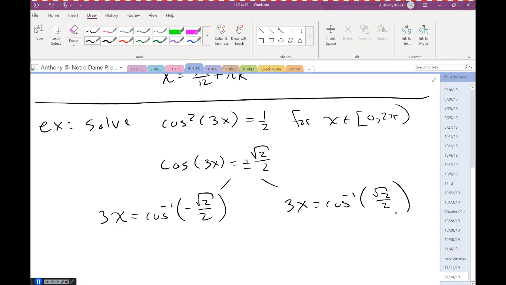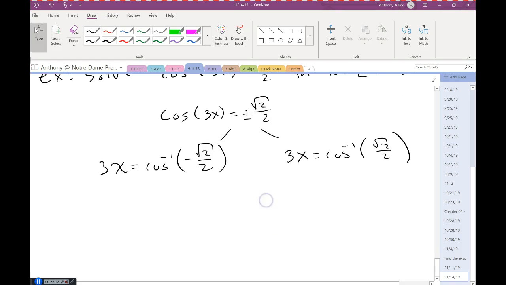Are we so far so good? Okay. I'm going to go to the unit circle now and retrieve the places where cosine has the value of negative root 2 over 2. That happens specifically at 3 pi over 4. But because I'm using the infinite solution, I'm going to write the plus 2 pi k.